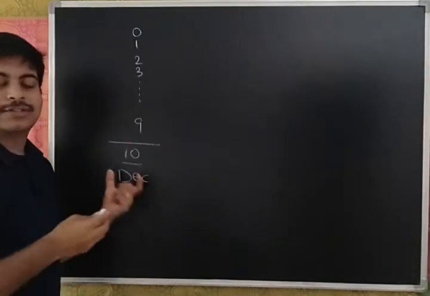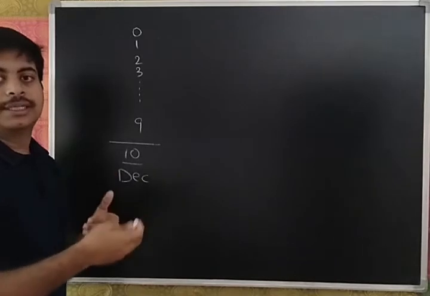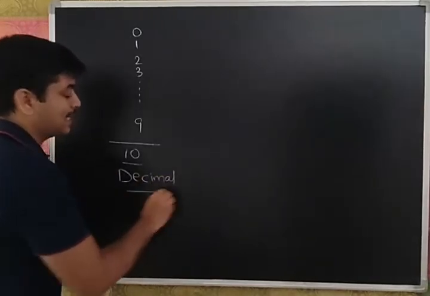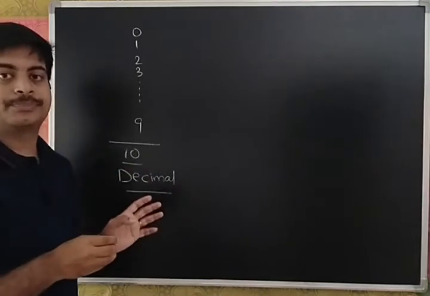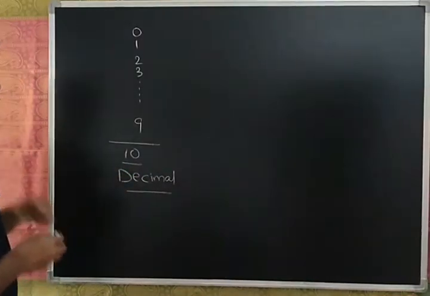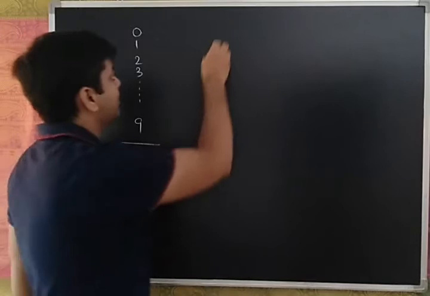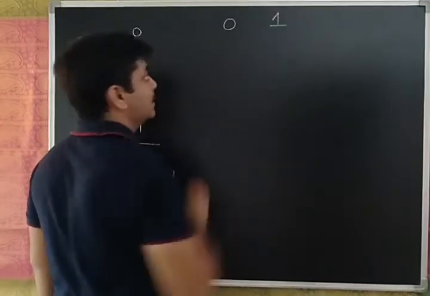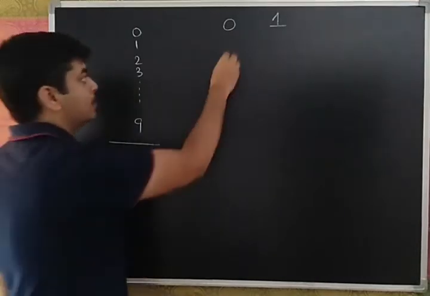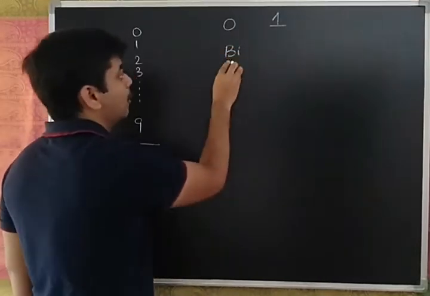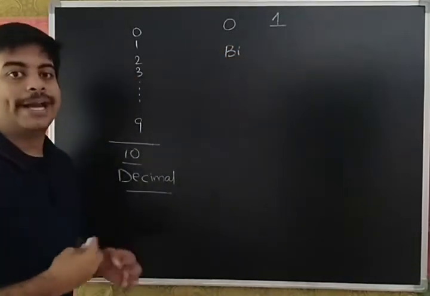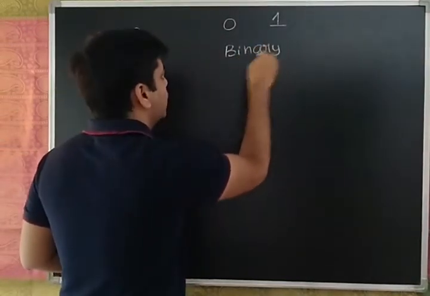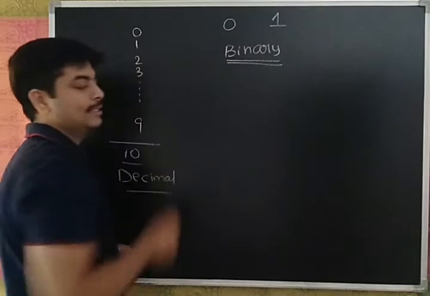Dec represents 10, as in decagon. So the decimal system has 10 digits. Similarly, the binary system has only 2 digits, 0 and 1. This is called binary. Bi always stands for 2.